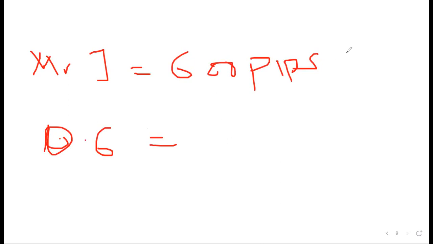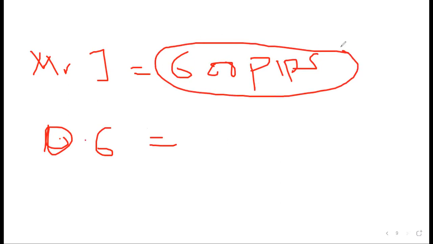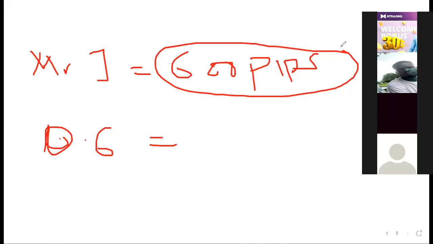How much has he made? 3,600 pips. Beautiful. Does anyone still have a problem with this? 3,600 US dollars. Beautiful. That's it.